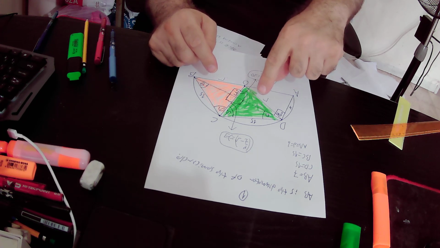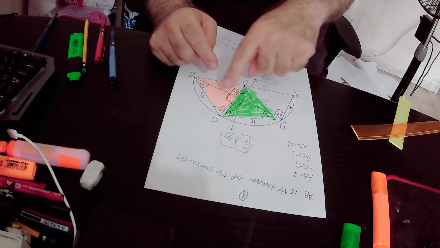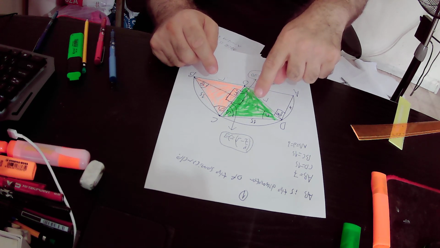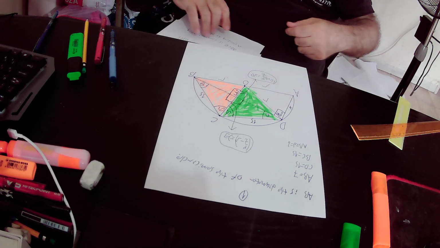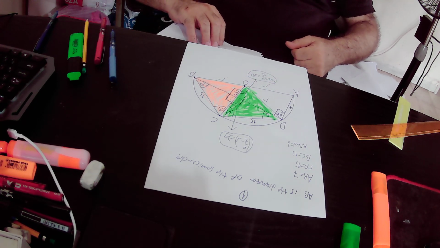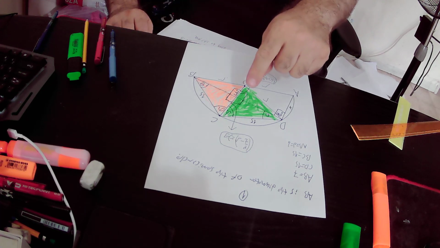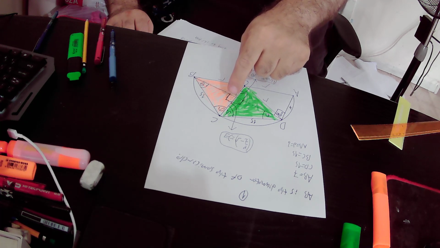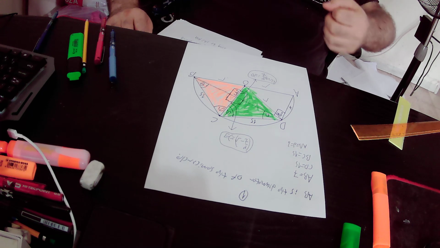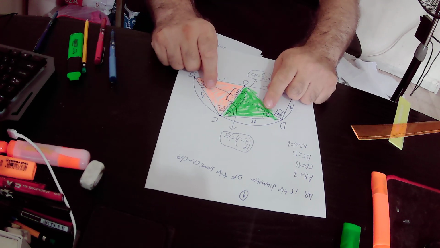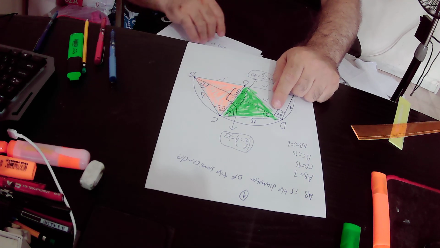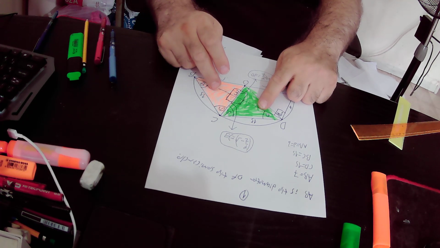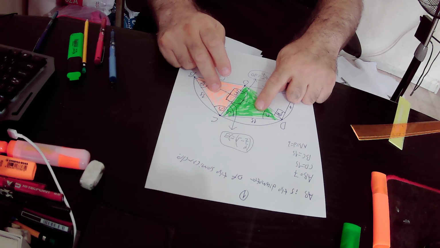It belongs to both the orange triangle and the green triangle. So EC equals EC. So we proved that two sides and the included angle in the green triangle are equal to two sides and the included angle in the orange triangle. Therefore, those two triangles are congruent according to the side angle side rule.